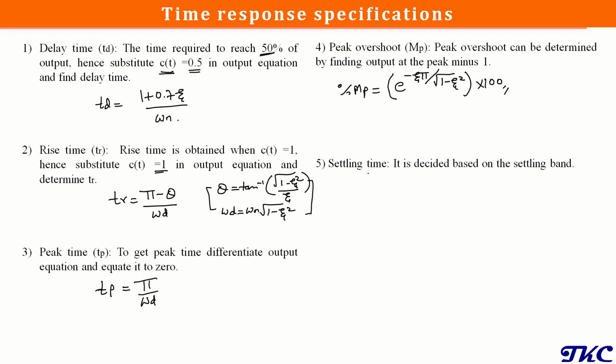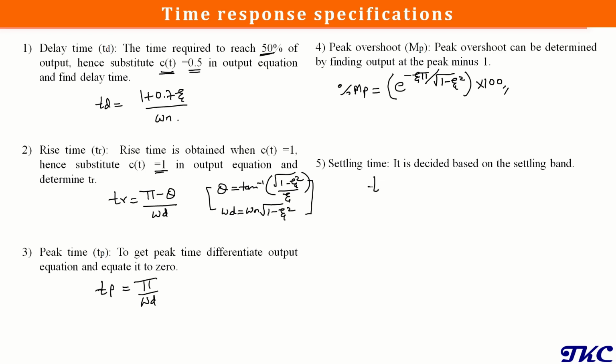Now the last parameter is settling time. It is the time required for the system to stabilize to the desired output. Here we know that a response may match the exact output, or maybe it is within some limit. So based on that we can define the settling time. Generally, whenever we are considering settling time, there are two tolerance limits that we can consider. One is 2% and the second one is 5%.